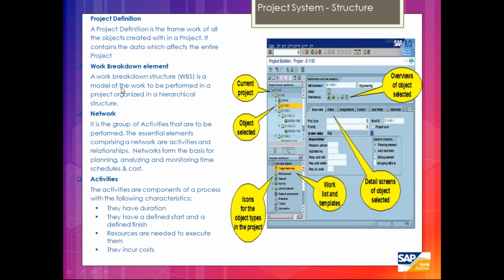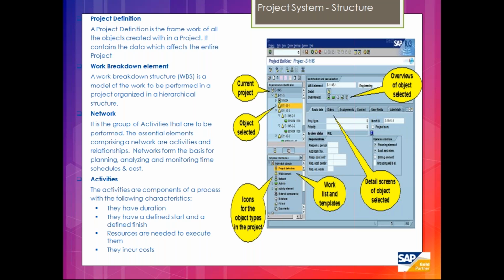Then we have a WBS, work breakdown structure. It is to organize the project in a hierarchical structure. As per your business requirement, you can define your nodes. Every node has different functionalities.